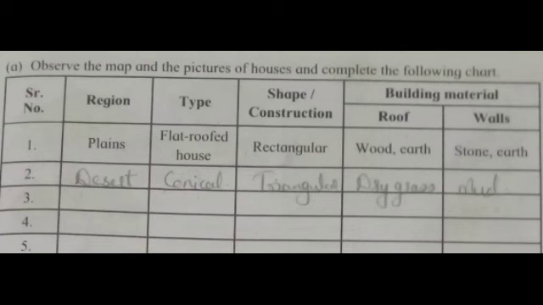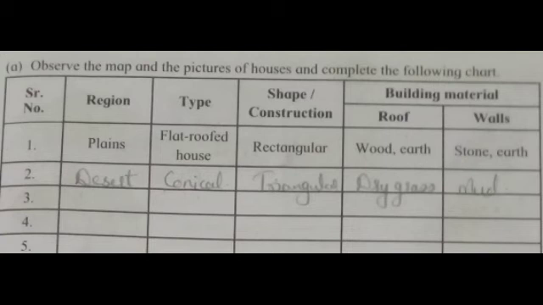Now the second one, as an example I am going to solve. For example, if I take the region of desert, the type of that house is conical shape and the construction shape is triangular.